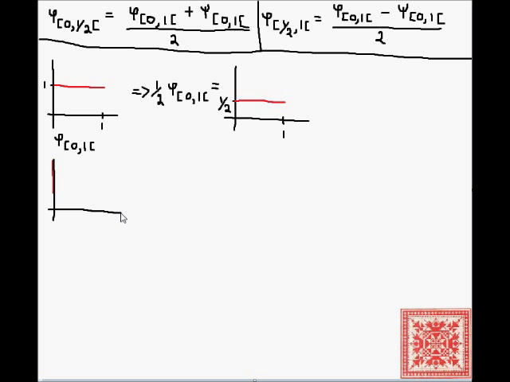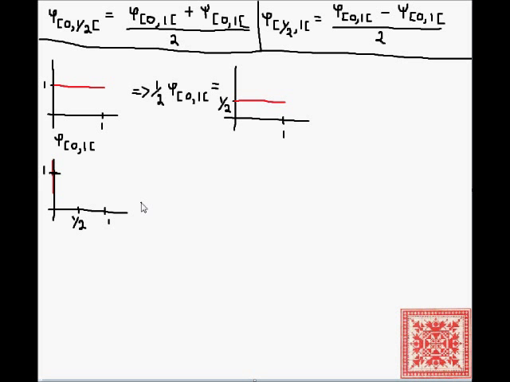So 1/2, and then from negative infinity to 0, 0 excluded, it'll be 0, and from 1 included to positive infinity, it'll also be 0.